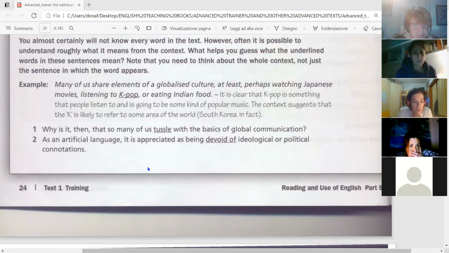As an artificial language, it is appreciated as being devoid of ideological or political connotation. Devoid is not just devoid, it is devoid of. So as an artificial language, it is being devoid of ideological political.